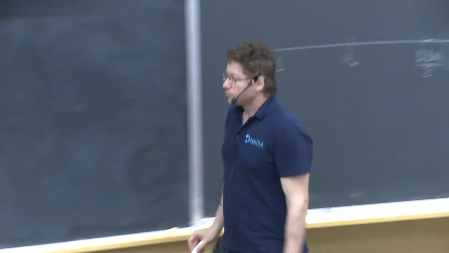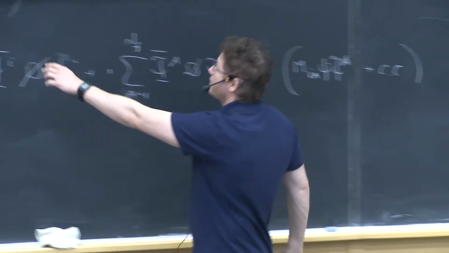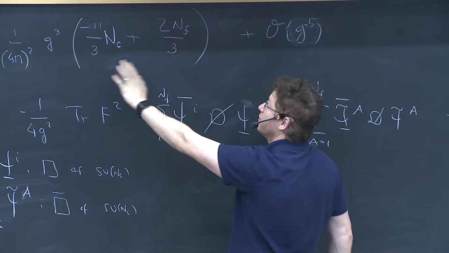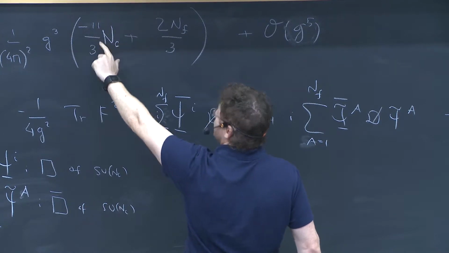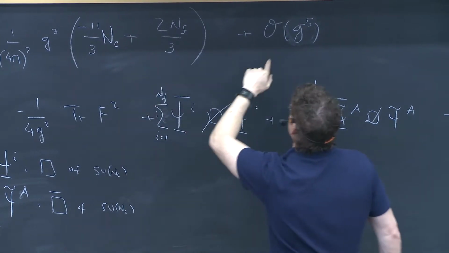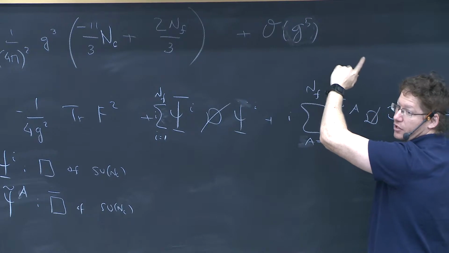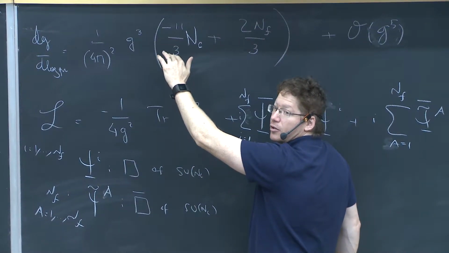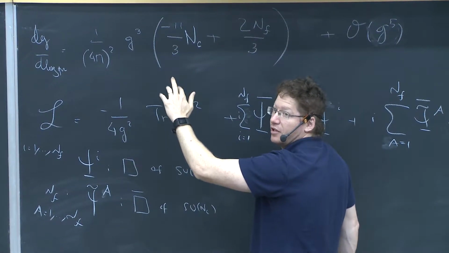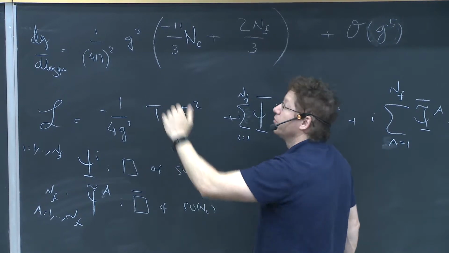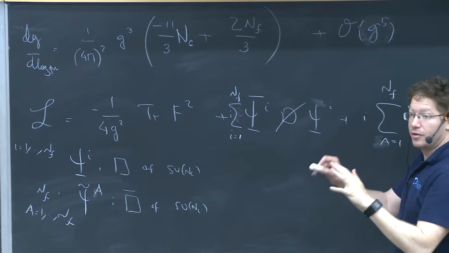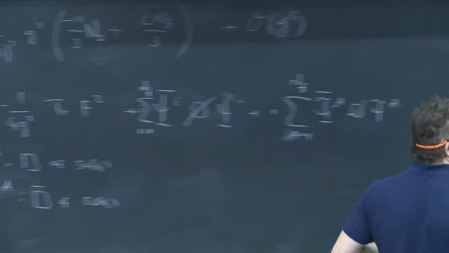So when this number here is positive, which is what happens for sufficiently large NF, NF bigger than 11 NC over 2, then it doesn't really matter what the higher order corrections are. Because if you start from very small g, because this is positive, when you decrease the energy, g just decreases a little bit until it goes to 0. So if you start from infinitesimal g, as you do your RG and you decrease the energy, g goes to 0.